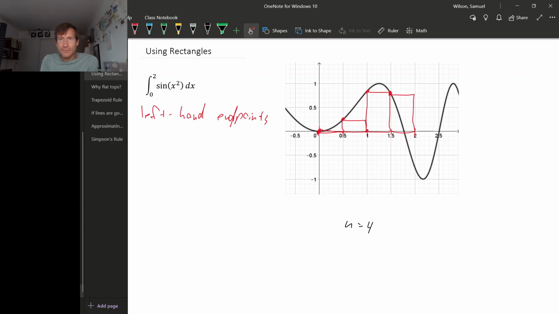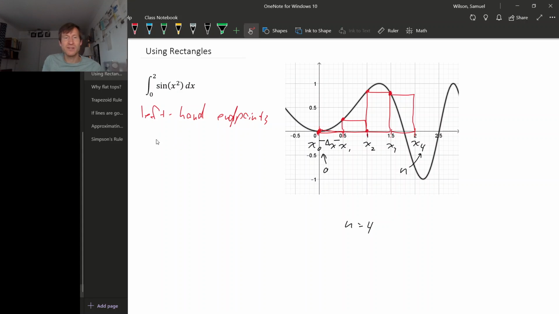If we name these x values x0, x1, x2, x3, and x4, notice that we're starting at 0 and going up to x4, and there are always n of the left-hand x values. Each rectangle has some width, which we'll call delta x.